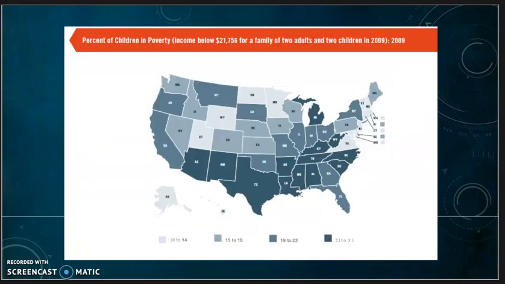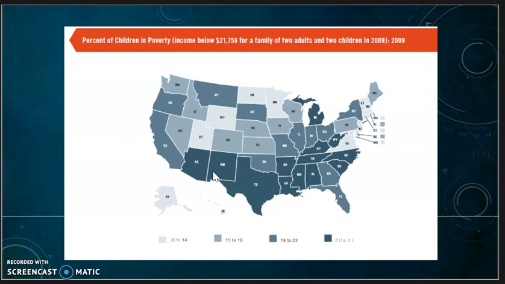In this example here, the map title is explaining way too much. It's saying percent of California children in poverty, income below 21,000 for a family of 2 adults and 2 children in 2009. I mean, even just to read that out loud was difficult. And then there are all these other elements of the map that are not explained.